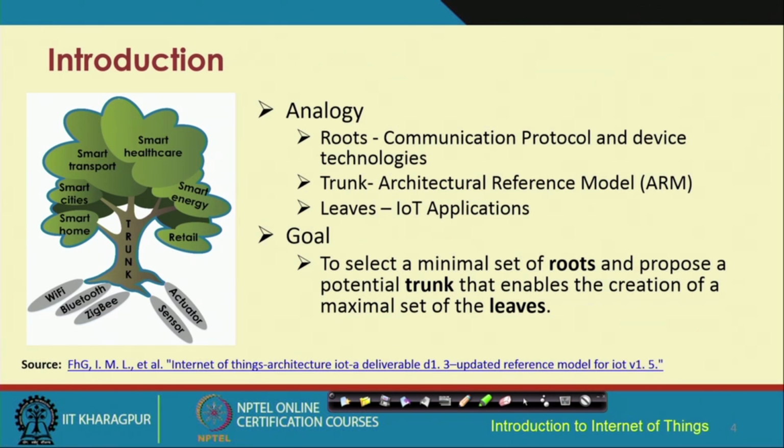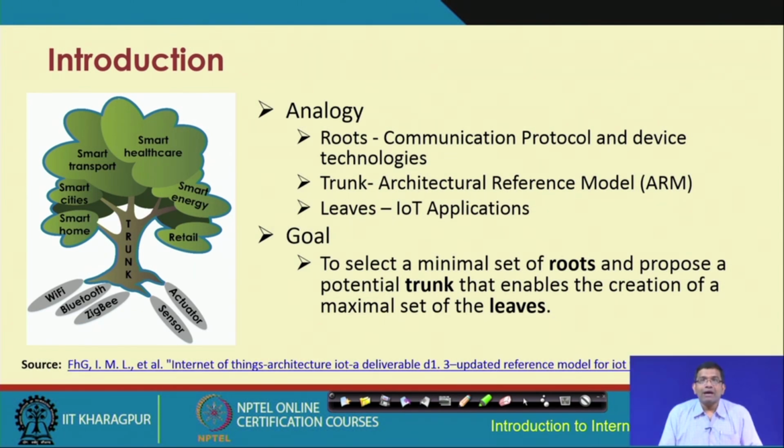To think about IoT, let us think about a tree. This analogy has been taken from the source that is given on the slide. In a tree we have the roots, the trunk of the tree, and then we have leaves.